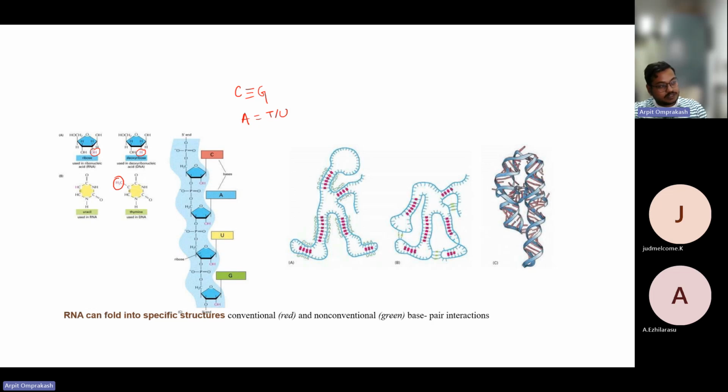So if you have these base pairs opposite to each other, they can still form hydrogen bonds. And that's how you get these hairpin-like structures in an RNA, or you get a 3D structure in RNA as shown here. So here you see a 3D structure of an RNA strand. Note how it's coiling and folding on itself and forming hydrogen bonds and hairpin loops.